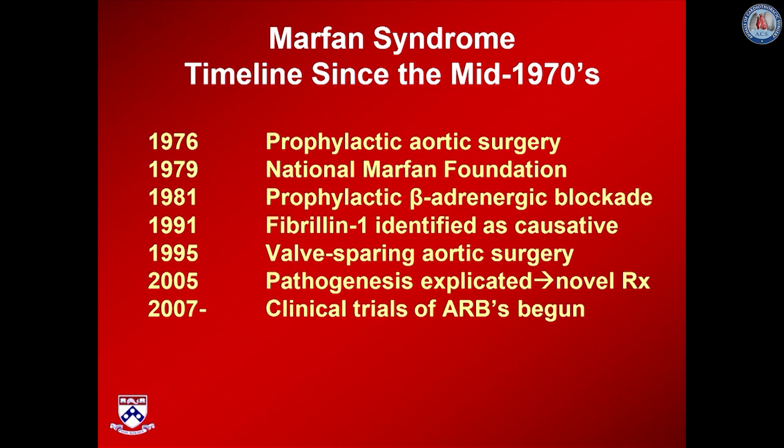Further progression of aortic surgical techniques has certainly improved the outcomes and has led to the use of prophylactic surgery at earlier and earlier times. We'll also discuss how fibrillin 1 was identified as the causative agent and mention in passing how various clinical trials of other medications have been ongoing.